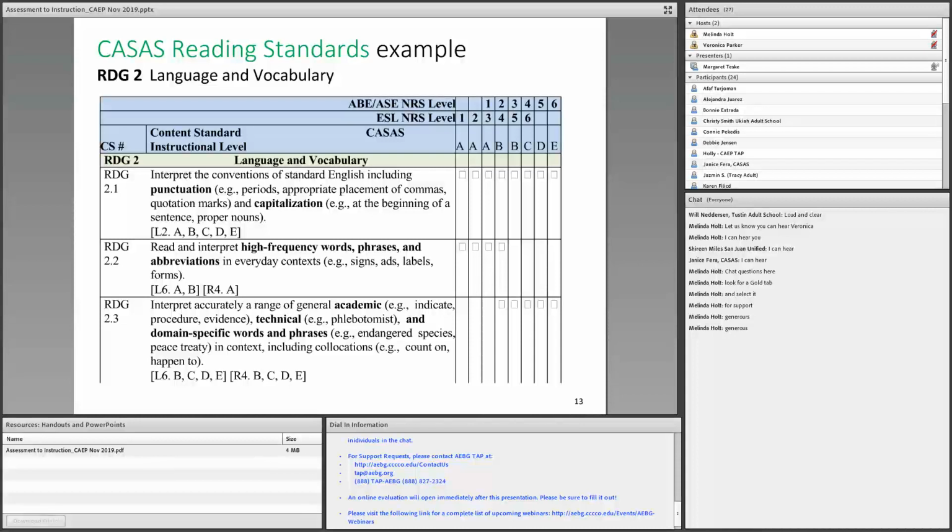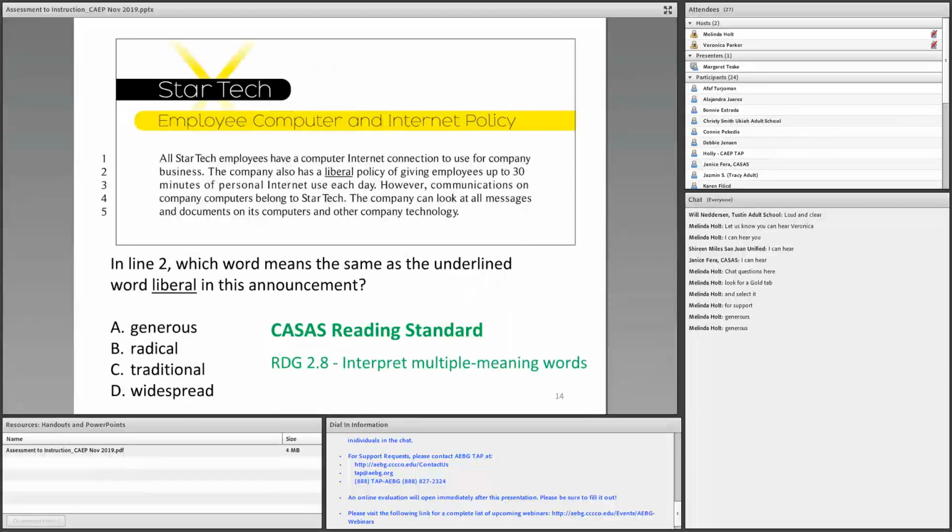One that is not is Reading 2.3, which is more academic, technical, domain specific. And you see it starts at level 4 in ESL, level 2 in ABE, and goes up through all of ABE. So that's a little difference in the different standards. Just some background for you.